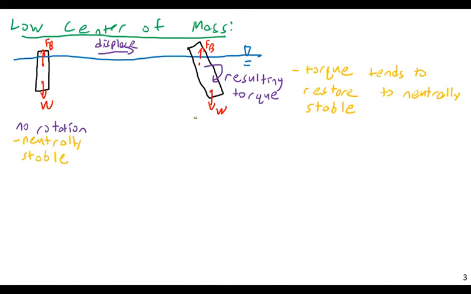But the nice thing about having the weight below the buoyant force is that rotation will tend to bring it back to equilibrium. So it's going to rotate back, gain some velocity as it does, and go this way, and then the buoyant force and weight couple will be reversed, and it will want to cause it to rotate this way. It'll sort of wobble back and forth like a swinging pendulum for a while, and eventually it'll end up stable.